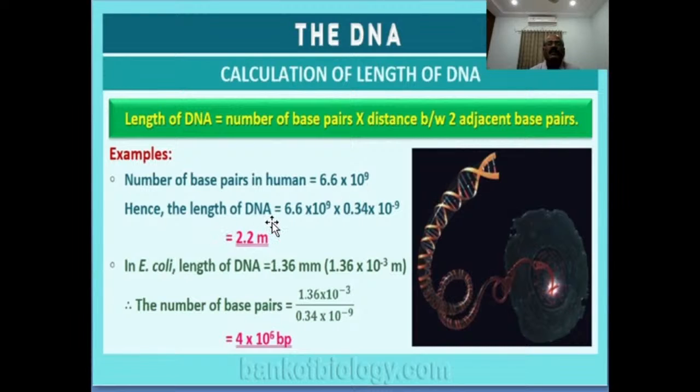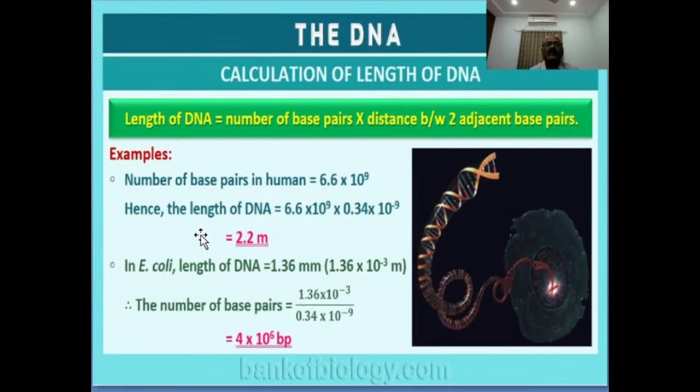Hence, the length of DNA is 6.6 into 10 to the power of 9 into 0.34 into 10 to the power of minus 9. So, 2.2 meters. That means in each cell of human being, the DNA length is approximately 2.2 meters.